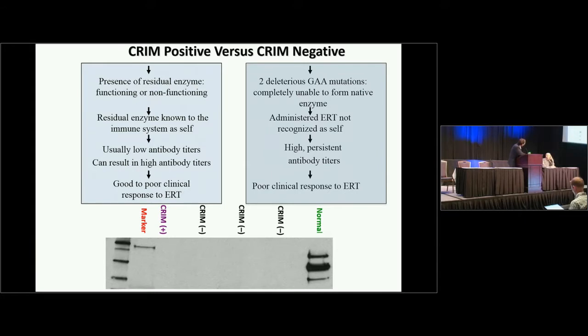And sorry, there's a little bit off here in labeling, but this is the CRIM-positive patient with fibroblasts that have an abnormally folded GAA, but they do have residual GAA expression, whereas these CRIM-negative patients don't in their fibroblasts.